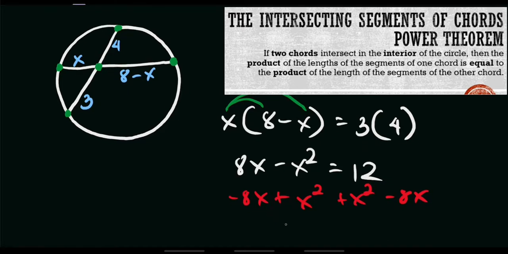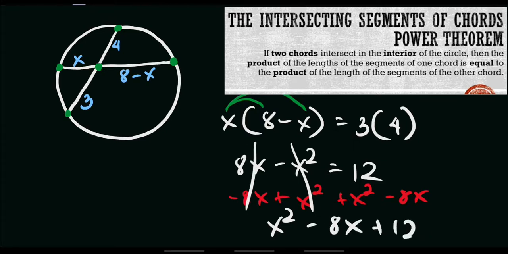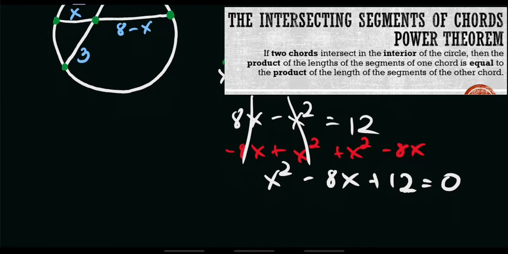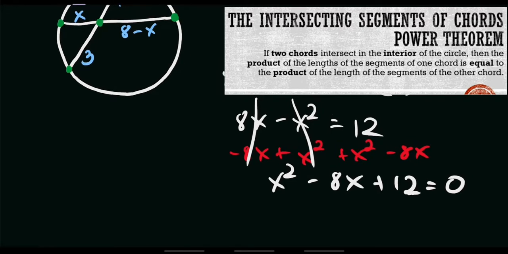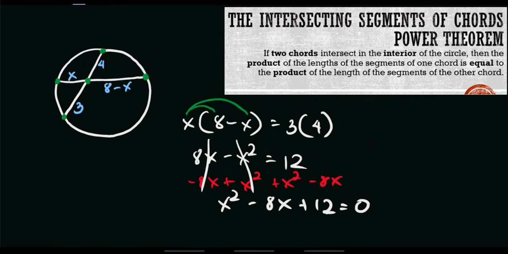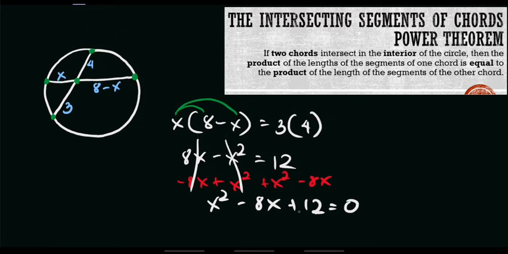So magkakaroon tayo dito ng x squared minus 8x plus 12. So lipat natin yung 0 sa kabila, equals to 0. So ito yung pinaka magiging standard form of quadratic equation natin. So we have x squared minus 8x plus 12 is equal to 0.